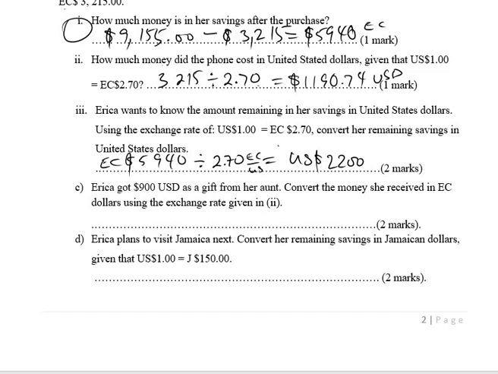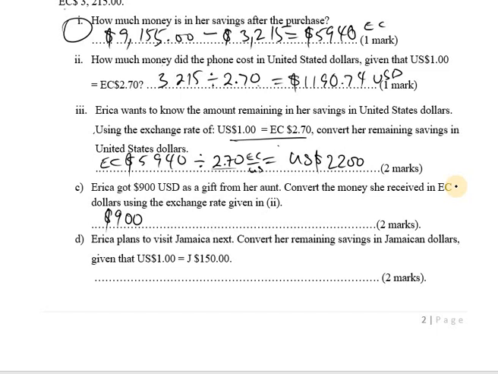Convert the money she received in Eastern Caribbean dollars using the exchange rate, which is the same as in 3 as well, right? US $1 equals $2.70. Okay, so to convert that, we're going to take the $900 and we are going to divide or multiply by $2.70.